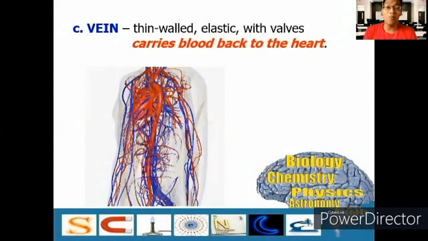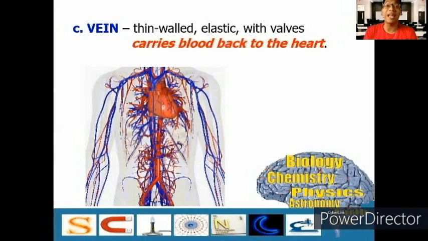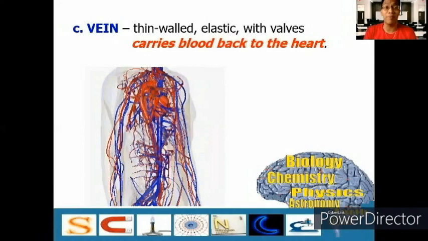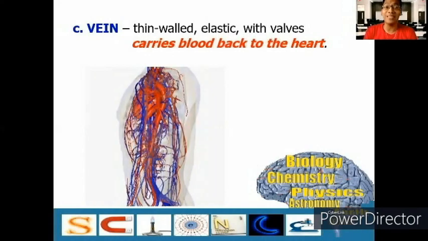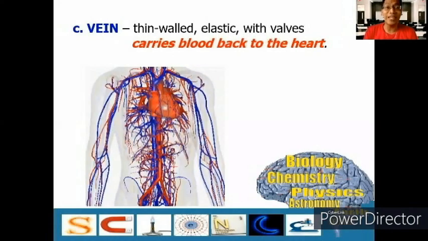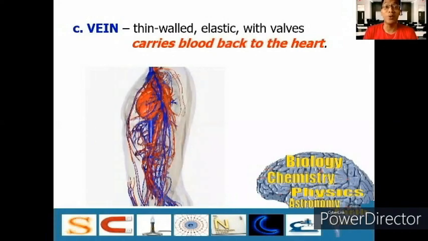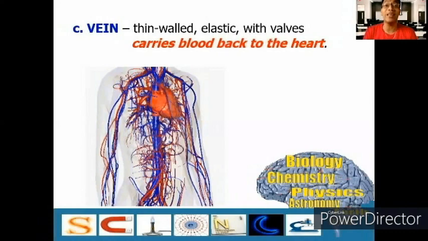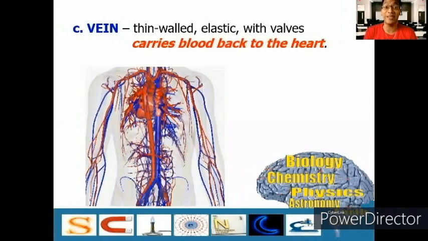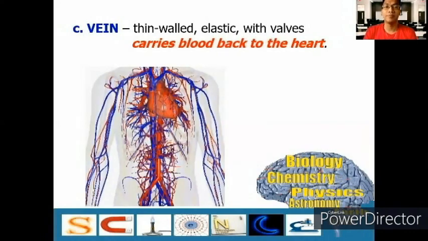Remember, arteries are the ones responsible for carrying the blood away from the heart. And this blood is actually oxygenated, meaning it is oxygen rich. And so it is distributed in different cells in the body.